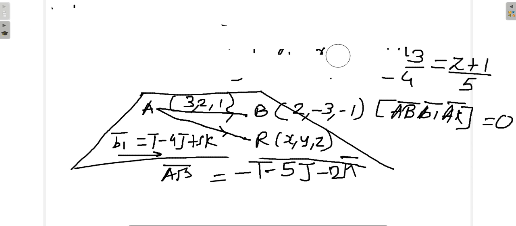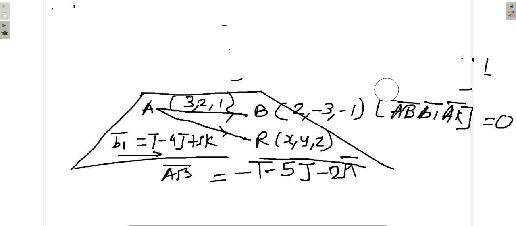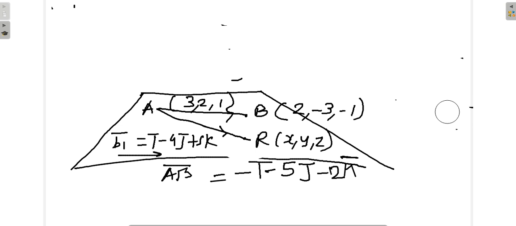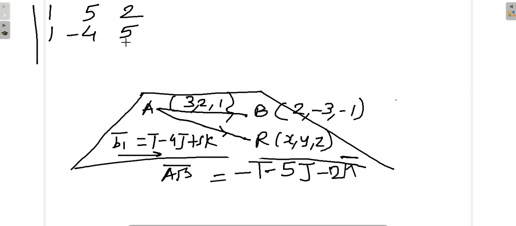And the box product is going to be 0. So what we have here is 1 5 2, 1 minus 4 5, and what is AR?